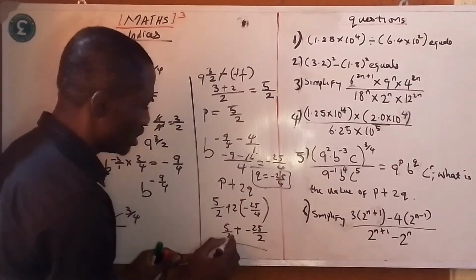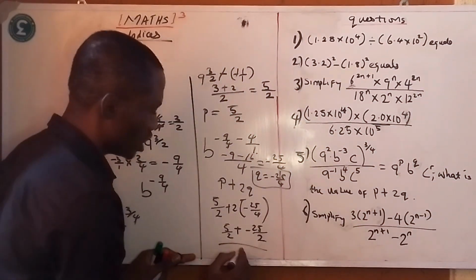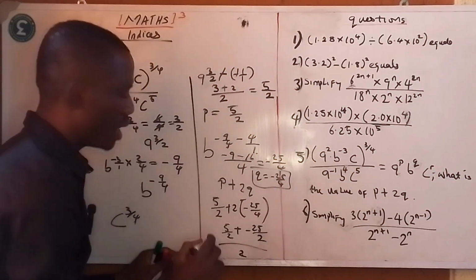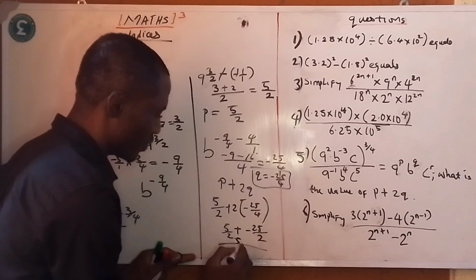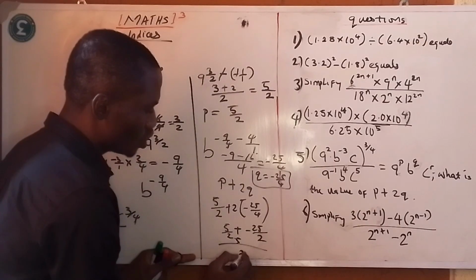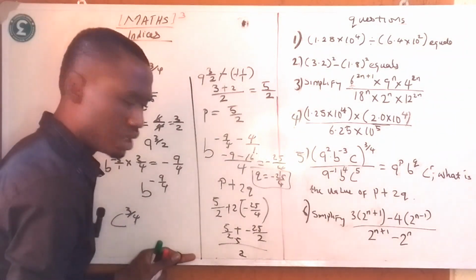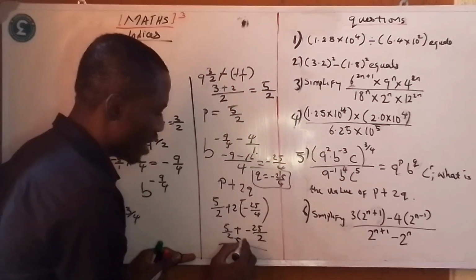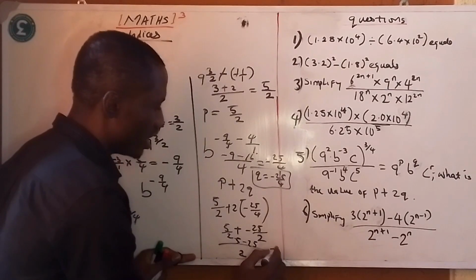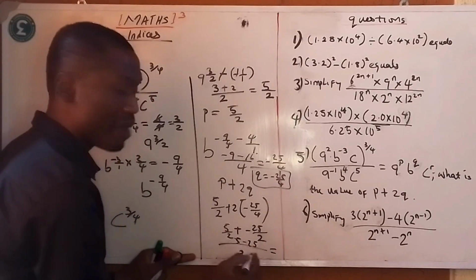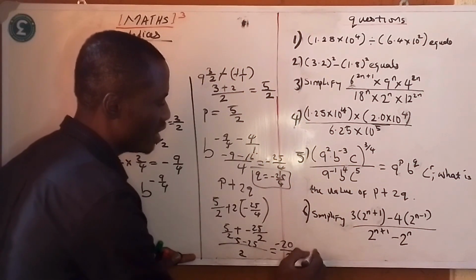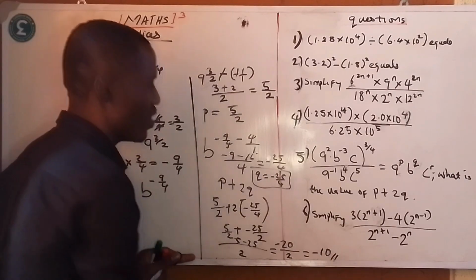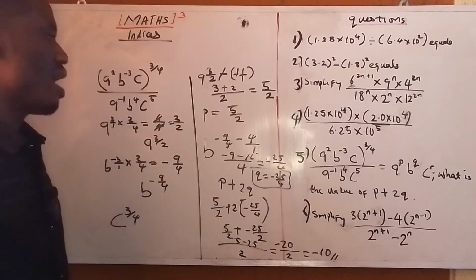The LCM of 2 and 2 is 2. 2 divided by 2 is 1, and 1 times 5 is 5. 2 divided by 2 is 1, and 1 times minus 25 is minus 25. If you add this, 5 minus 25, that is minus 20. Divide by 2. This is evidently minus 10. And that is your final answer.